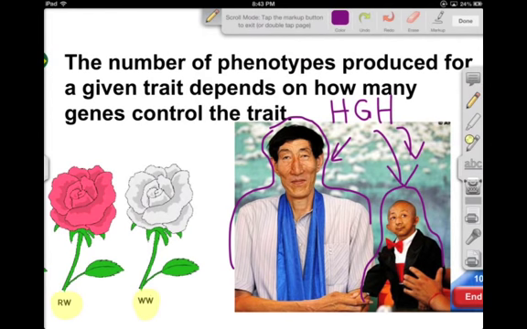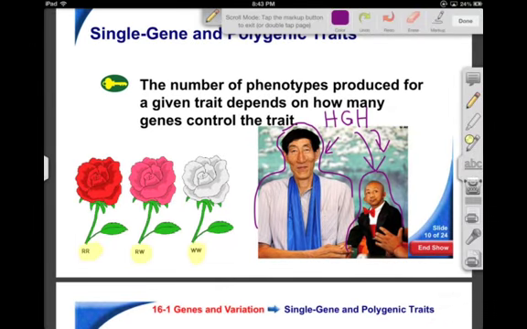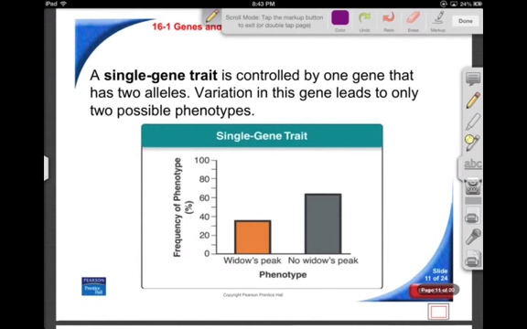It's not as simple as blue eyes, brown eyes, for example. You may have many genes required to produce traits. Height, definitely like that. Single gene traits, I guess if we wanted to use a simple term, we could say monoallelic.